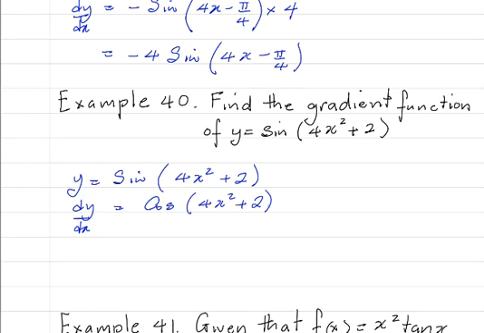And you differentiate the inside function, which is 4x squared plus 2. This is going to be multiplied by 2 times 4x, and the power decreases from 2 to just 1. So the answer here, dy by dx, is going to be equal to 8x cosine 4x squared plus 2.